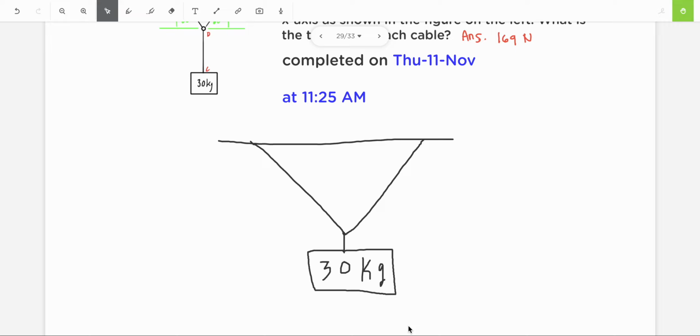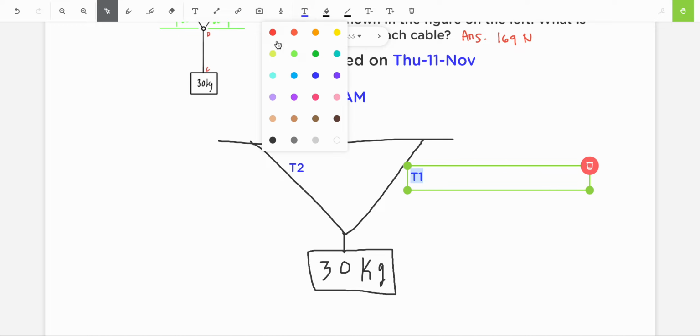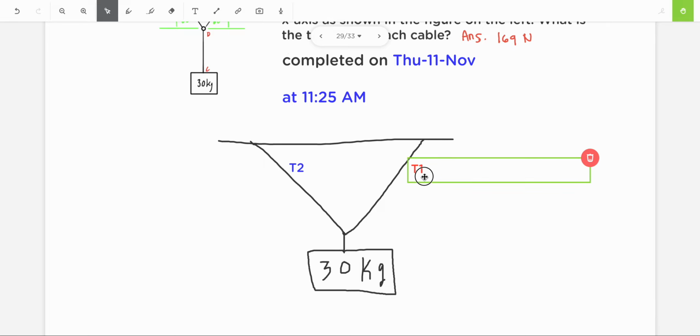Okay, so we will name this one T2, and this is T1. Okay, so let's start.